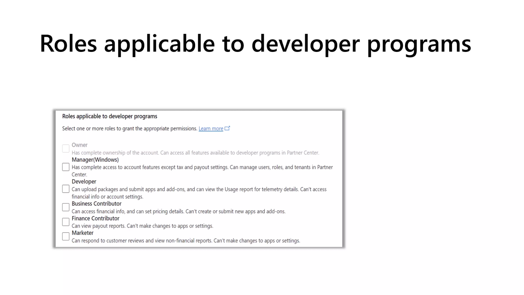These are roles applicable to the entire account, which allows users to perform certain actions within the account. For example, a manager role within the developer program can manage others' user access or view insights reports of the account. Let's try to understand this with a few examples.